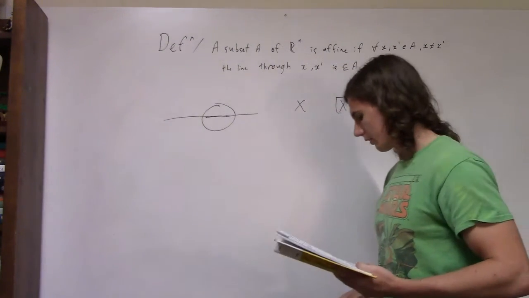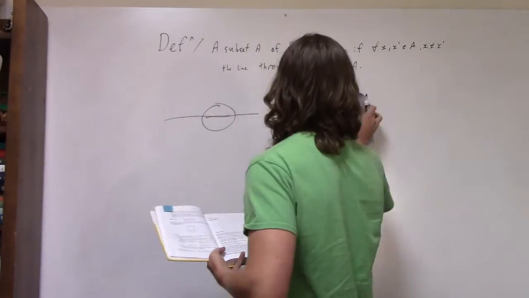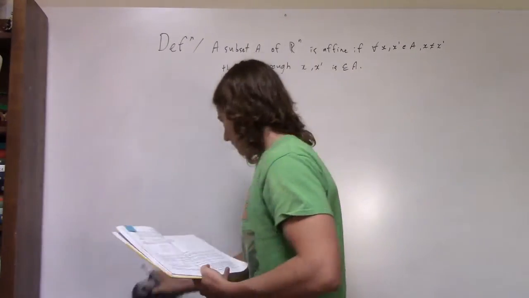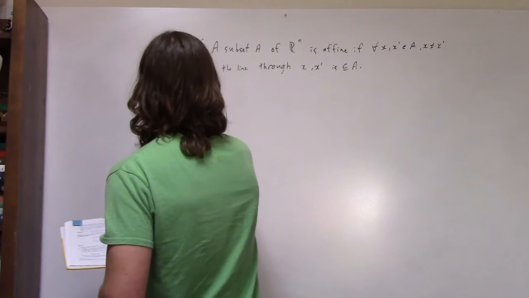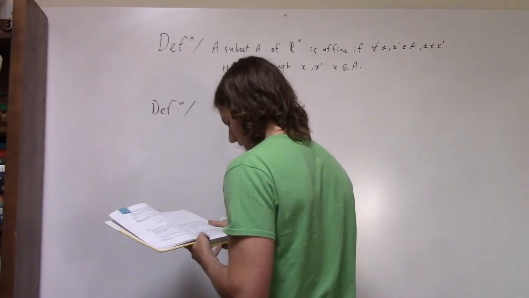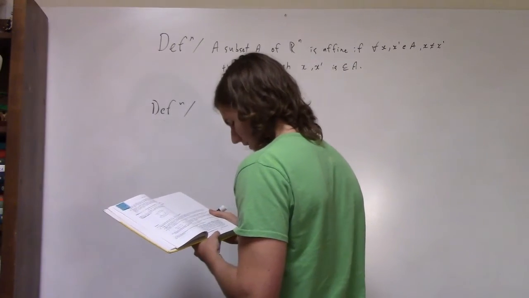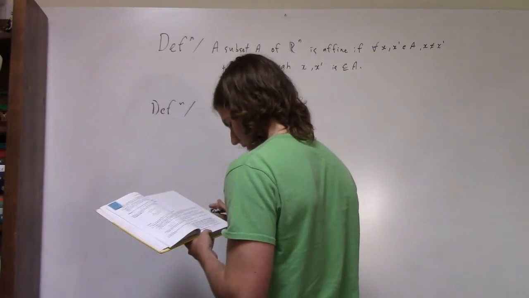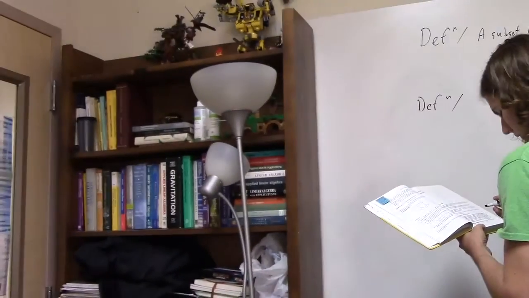Okay, so now I need a definition. I'll erase some of this. So now we're talking about affine combinations, which is very similar to linear combinations of a set of points.